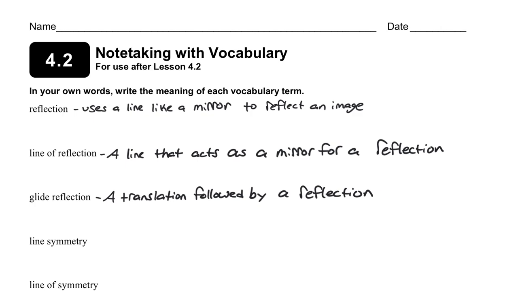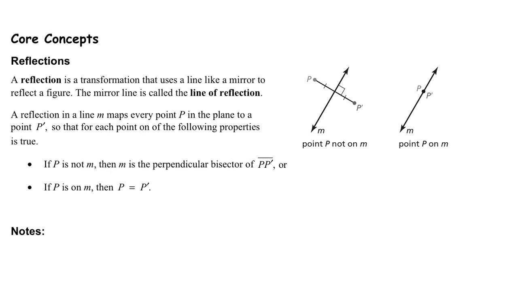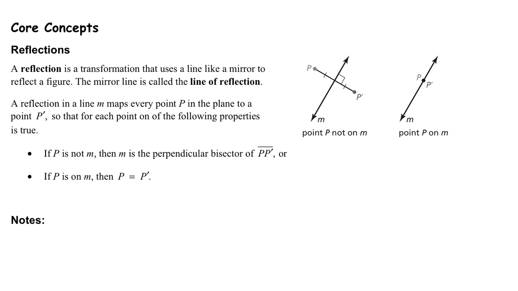Now, if we look at the core concepts here, they talk about the idea of a reflection as a transformation. And the idea here is that when you have a reflection, let's say I look at point P and I map it to P prime, they're equidistant, so they are the same distance from that line of reflection.